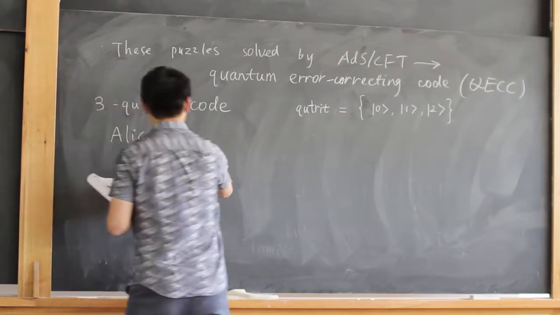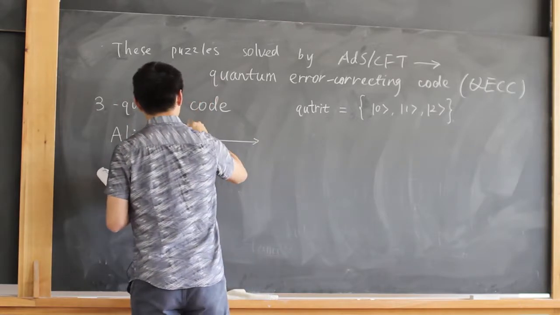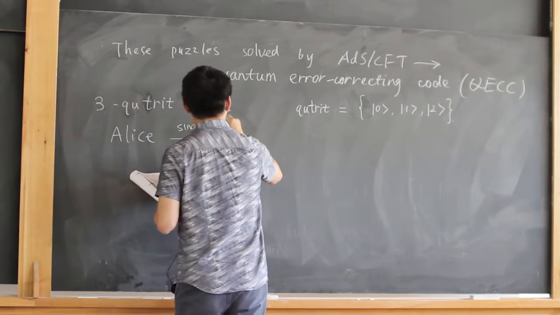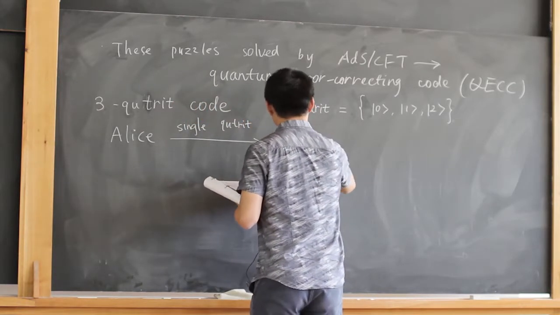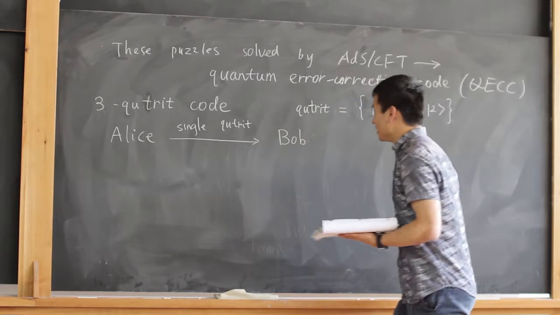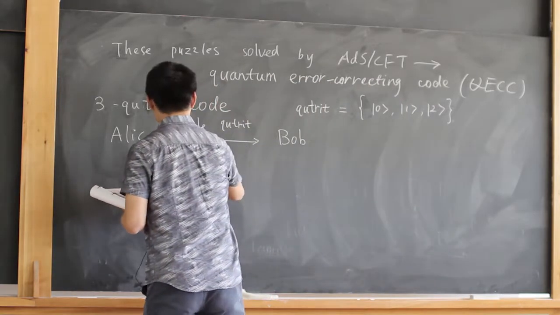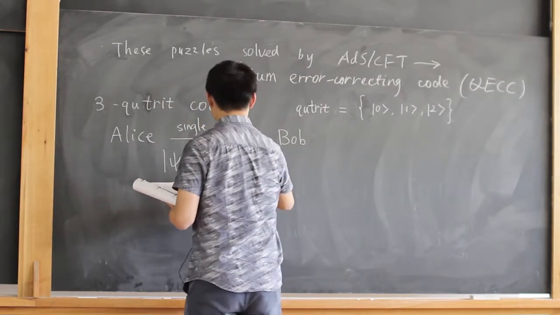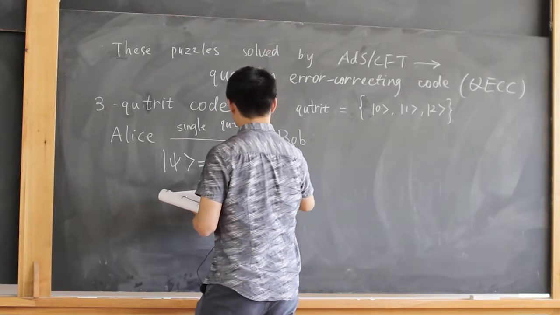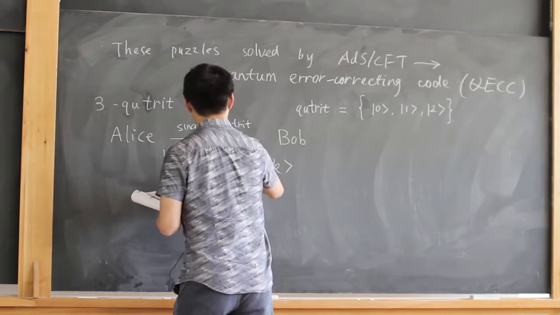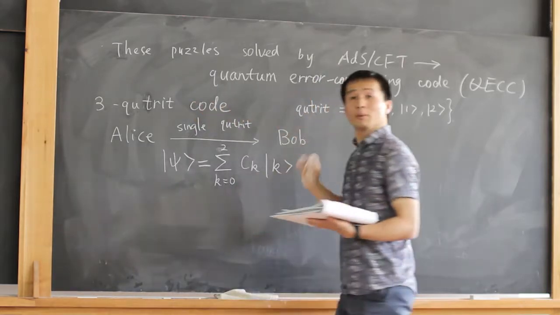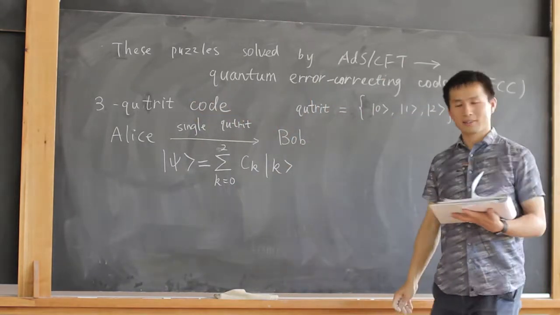have Alice send a single qutrit to Bob. And the state that she wants to send is a general state of a qutrit, a general superposition of the basis states.